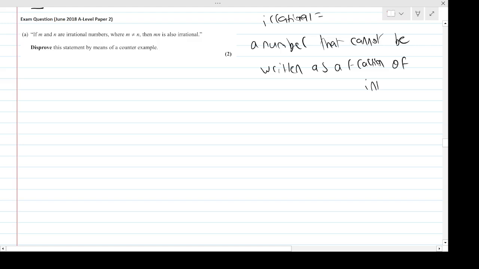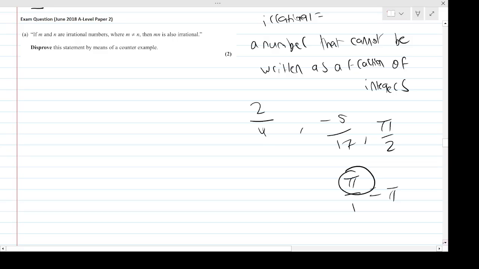So a fraction of integers. So for example, 2 over 4 is a fraction of integers. Minus 5 over 17 is too. But pi over 2 isn't. Nor is pi over 1, which obviously goes to pi. That's not a rational number because pi is irrational. So both the top and the bottom have to be integers, okay? So that's what that means.